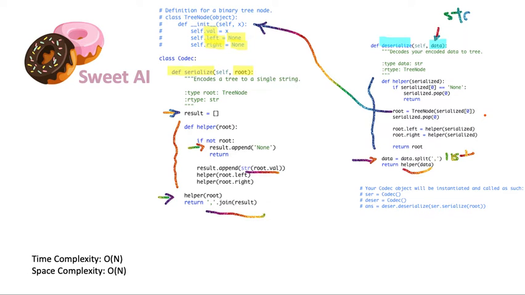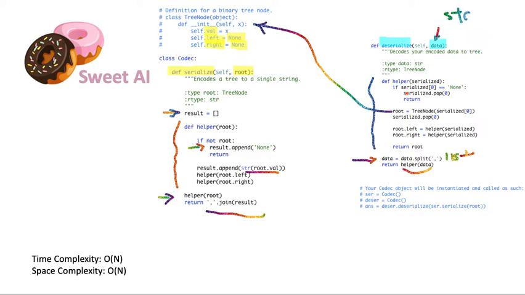We build a tree node, and we pop that value from the list that has been passed to the function. And then we are going to call the helper function for the left node and right node until we have nothing left in the list.